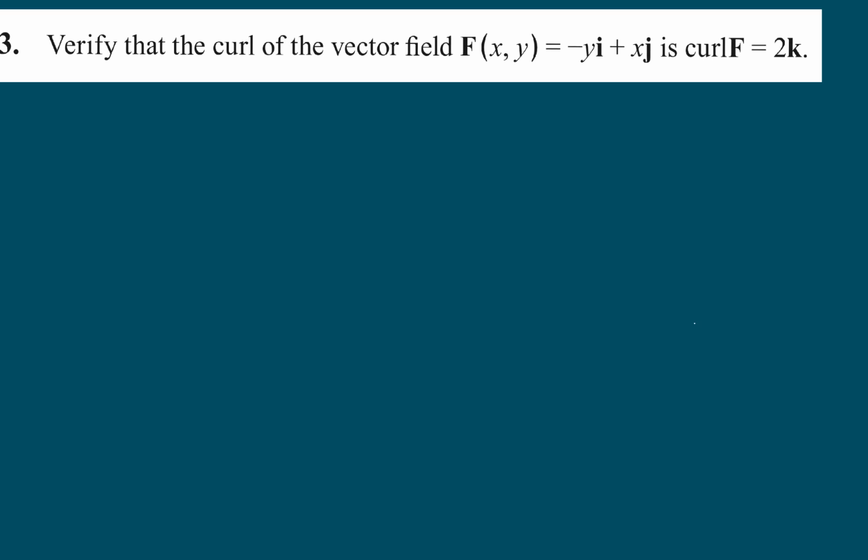Problem. Verify that the curl of this vector field at the point (1, 0) is pointing in the direction j. F of (1, 0) is the vector 0i plus 1j.